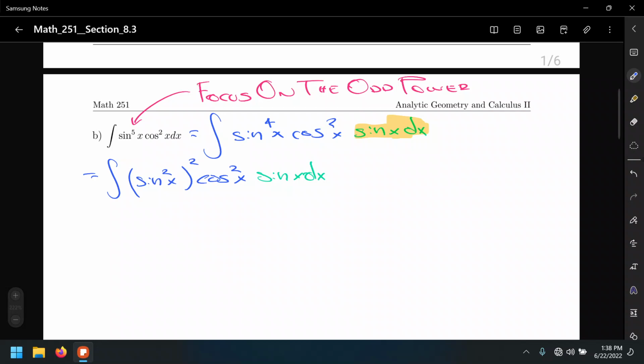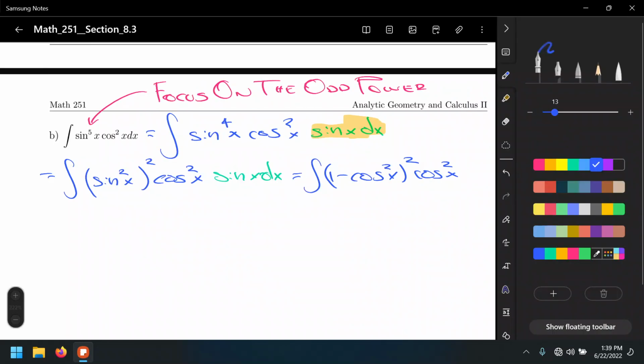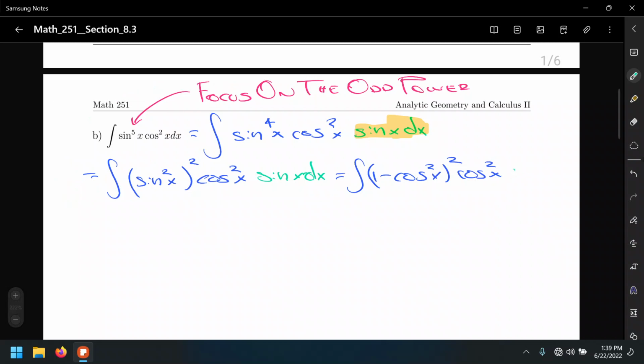What's sine squared equal to? 1 minus cosine squared, quantity squared, cosine squared x sine x dx. Alright?